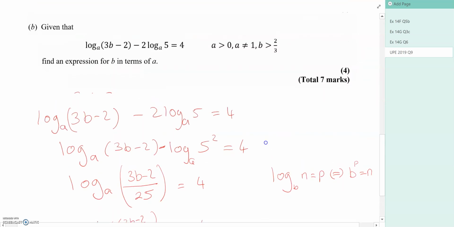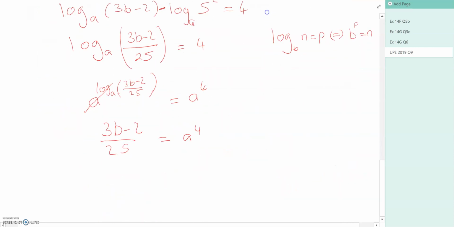And then the question said, find an expression for b in terms of a, so we need to make b the subject. And so we end up with something like that. Okay, great.